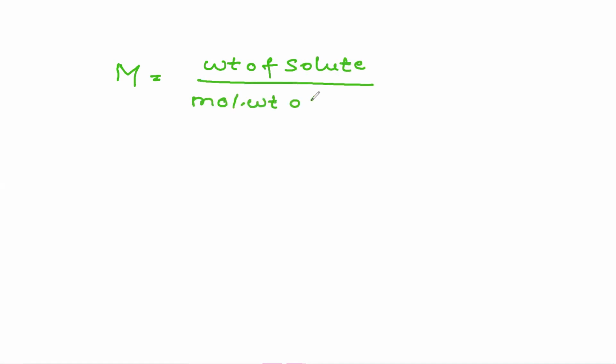In simple terms, in this question they have given the molarity and are asking for the amount of solute. We know the formula: molarity M is equal to weight of solute by molecular weight of solute, into 1000 by V. Here, molarity is given, the weight of solute we have to find, the molecular weight of solute we know, and the volume is also given.